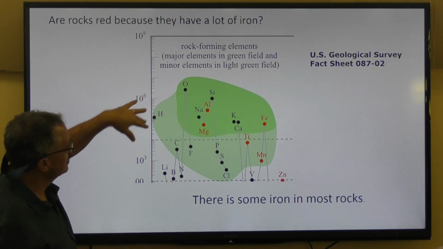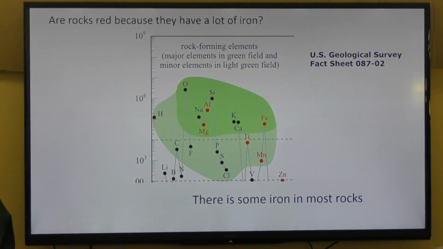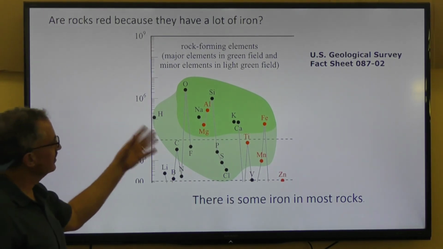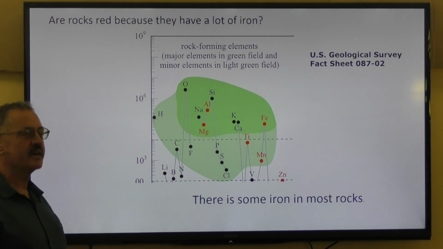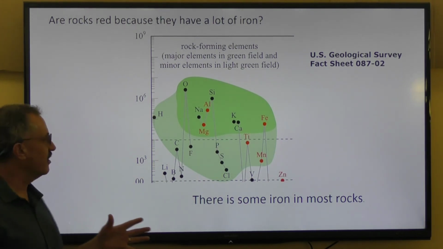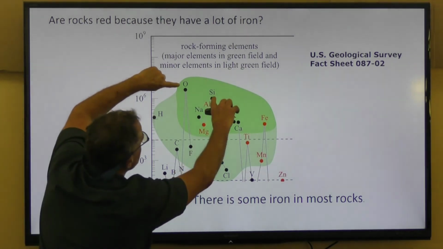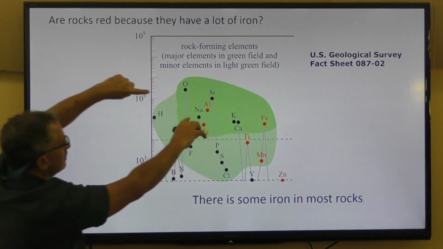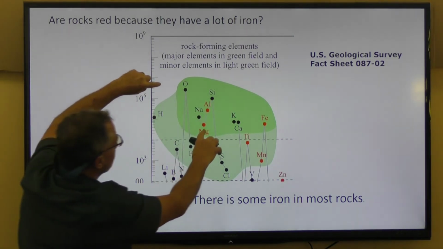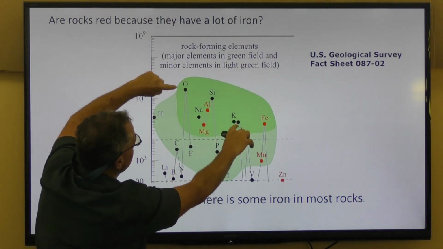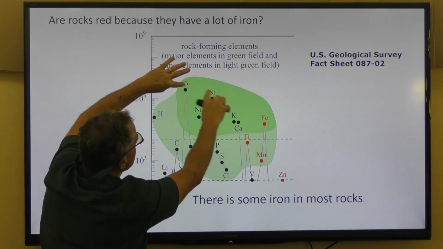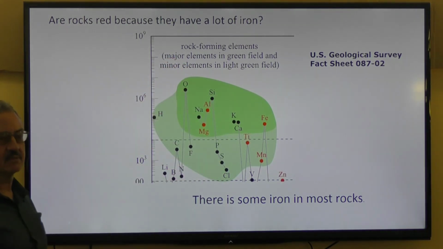So oxygen almost equals all the rest combined. This is probably the most useful thing to know about when walking around on rocks if you're trying to figure out what they are. So if you put these two together, you get quartz, silicon and oxygen. If you put sodium, aluminum, calcium, potassium, and silicon together with oxygen, you get feldspar.